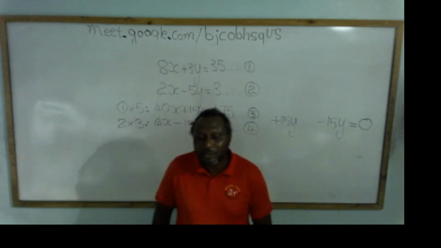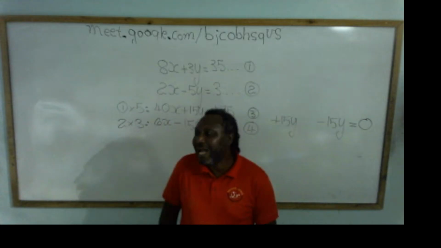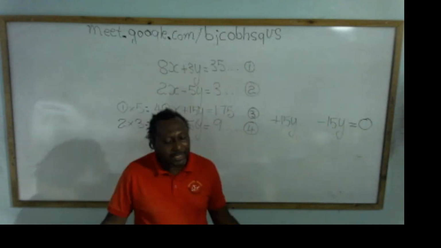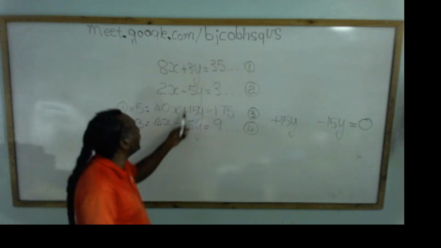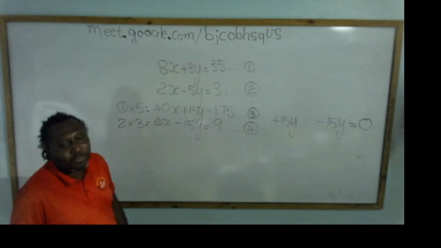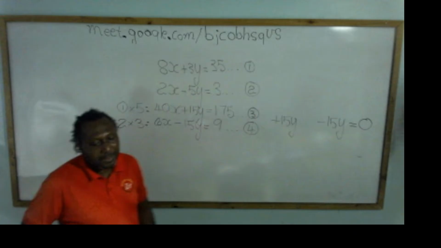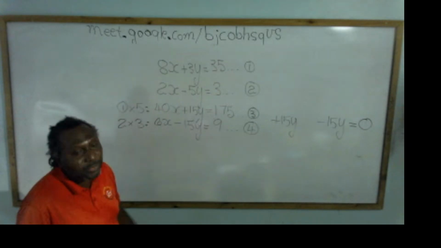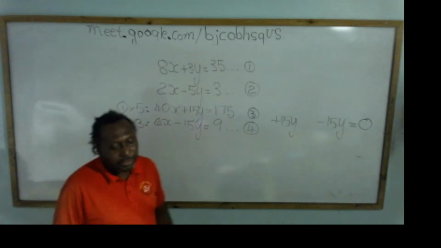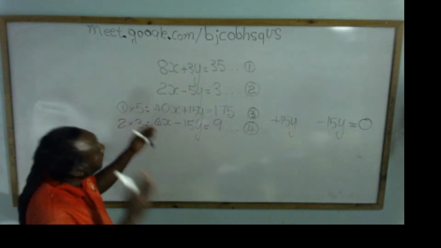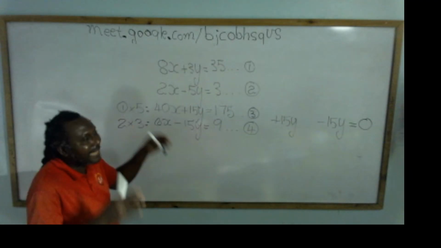Those, we call additive inverses. And what do we know about additive inverses? Since they are additive inverses, they will have a cancelling effect on each other when we add them. So when we add them, the result will be 0. So because these will be eliminated, the two equations.